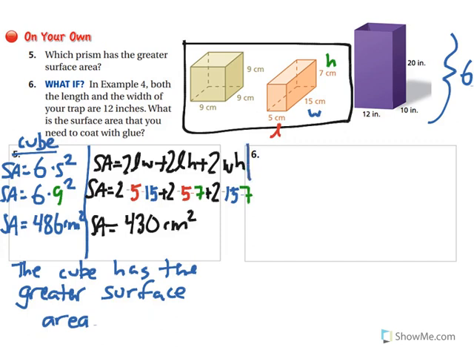I'm going to divide this up a little bit. For number 6, in example 4, both the length and the width of your trap are 12 inches. What is the surface area you need to coat with glue?